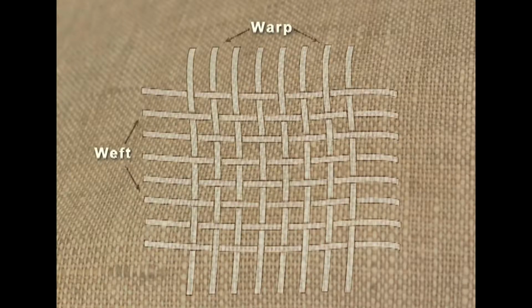These are the two sets of yarns that are very, very important in woven fabric, and they should be woven or interlaced in such a way that they form exactly right angles to each other. That means they should make 90 degrees to each other, so that the fabric is going to be a perfect one.